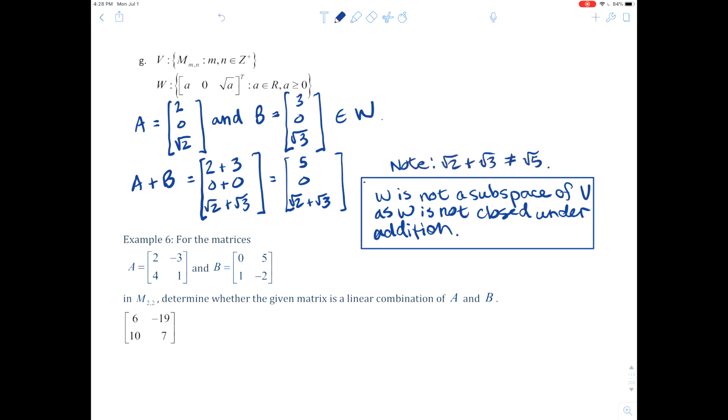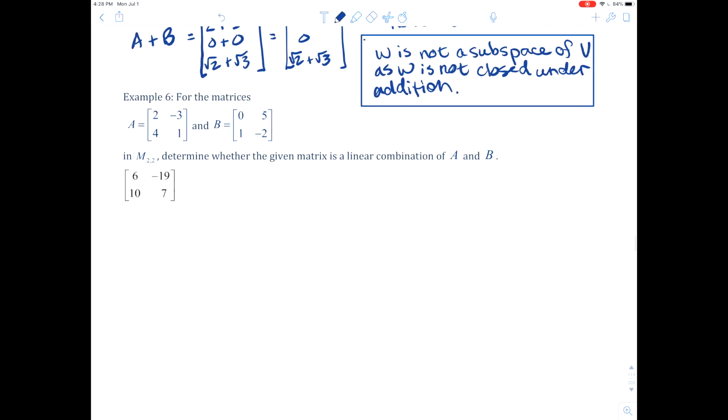All right, so now example 6. Let's look at these two matrices. A is equal to 2, negative 3, 4, 1, and B is equal to 0, 5, 1, negative 2. So we want to go back to the whole linear combination idea, and we want to figure out whether the matrix 6, negative 19, 10, 7 is a linear combination of the given matrices A and B. So what would we do?